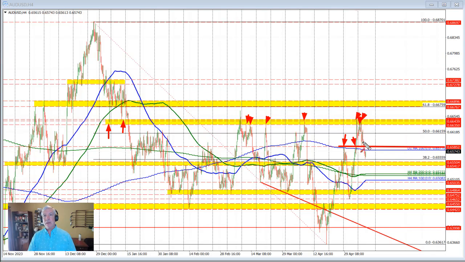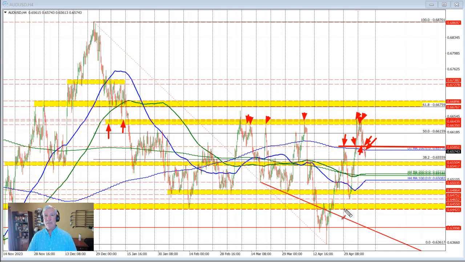Yesterday's move to the downside found support against these highs from last week, moved higher and then rotated to the downside in trading here today. We've broken below the 0.6585 level, increasing the bearish bias with a move also below the 100-day moving average. So that sets the stage for the move to the downside in trading here today.